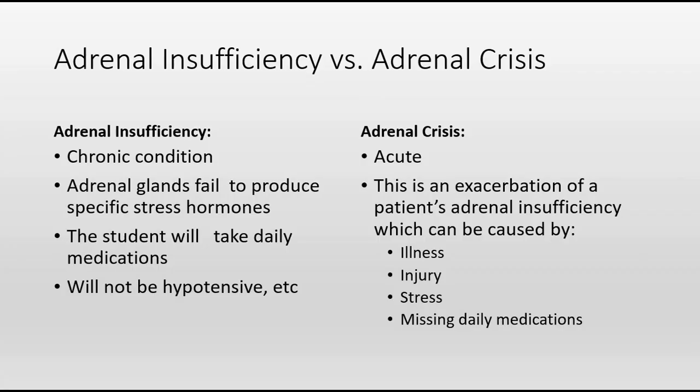When we look at adrenal insufficiency versus an adrenal crisis, the crisis is always acute onset, and it always has a precipitating factor.